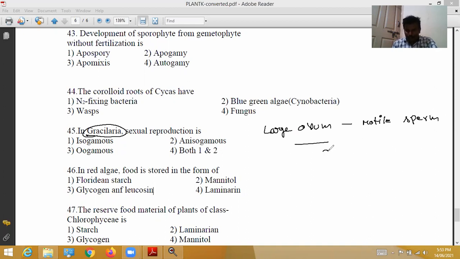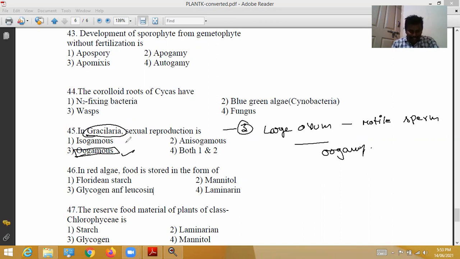It is called oogamy, commonly seen in Gracilaria. So here it is oogamous. Among these options, the third option is correct. So the correct answer is the third option.